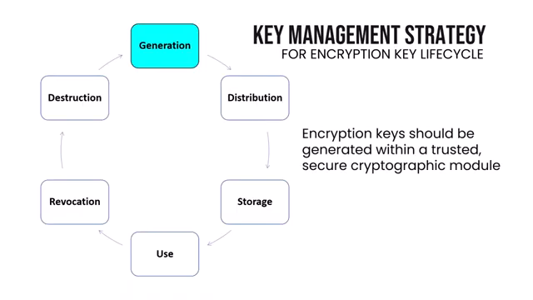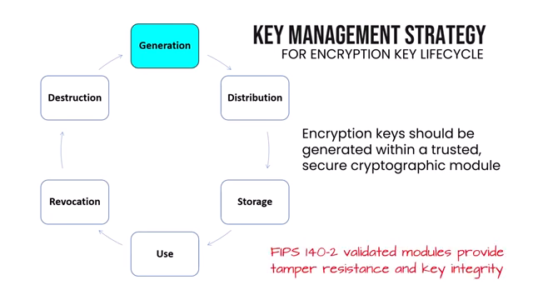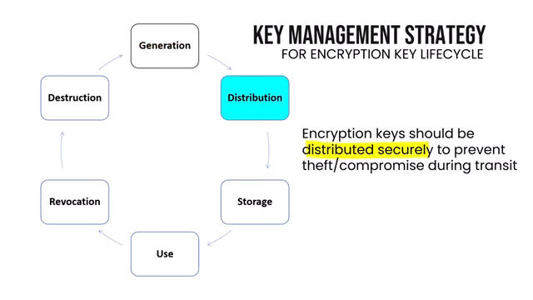So let's talk about the key management strategy for the encryption key lifecycle. Encryption keys should be generated within a trusted, secure cryptographic module. FIPS 140-2 validated modules provide tamper resistance and key integrity, so that's a clear bar of high security. And then encryption keys should be distributed securely to prevent theft or compromise during transit.